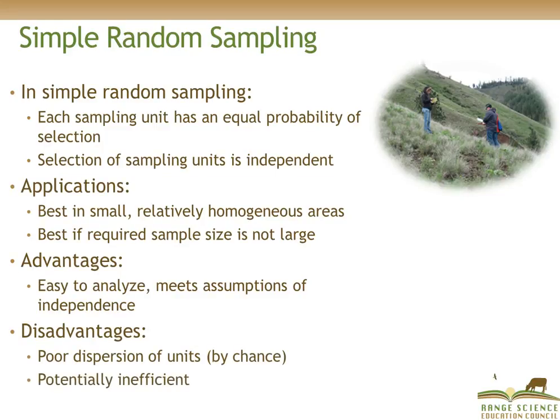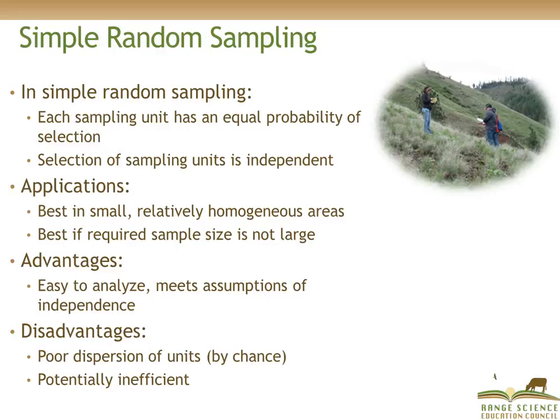A potential disadvantage is that you can have poor dispersion of units throughout the area simply by chance or random selection of the sampling units, and it can potentially be inefficient, especially in larger areas.